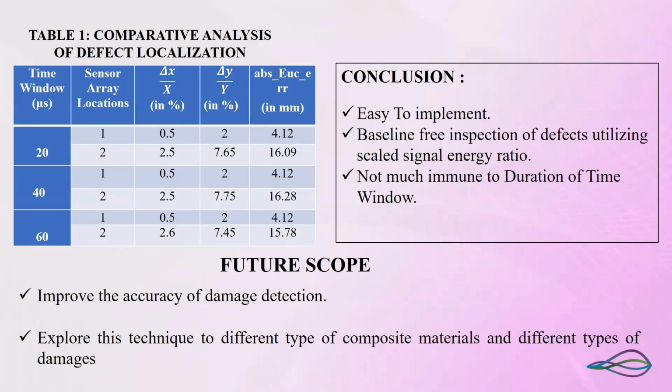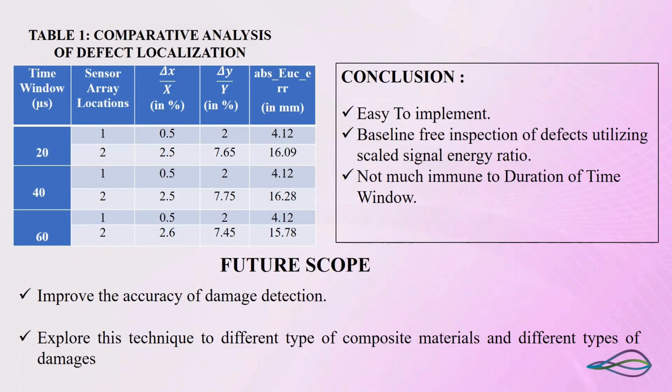This table shows the comparative analysis of defect localization with all three different time windows that we have considered, and for the two different sensor array locations, sensor array location 1 and 2. Its absolute error is also indicated in this table.